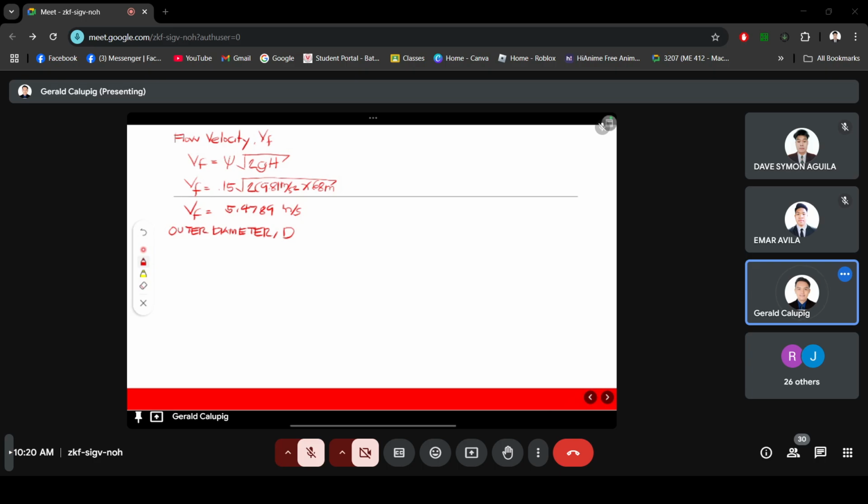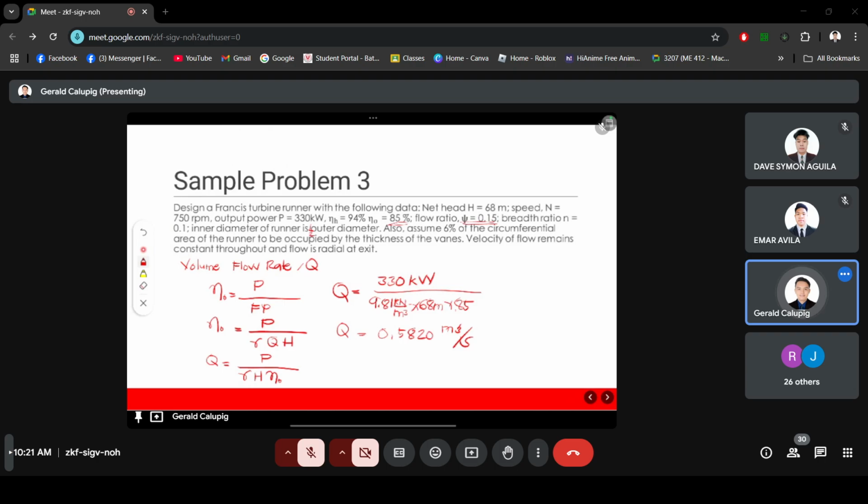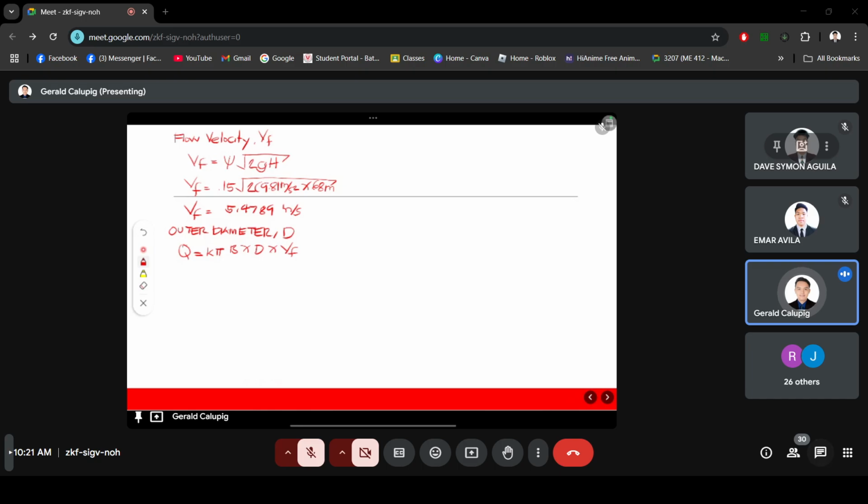We have Q is equal to K pi times b, or the width, times the diameter times Vf. Do we have values for the width? We don't have it yet, but we have the value for the breadth ratio, which is n. So the formula for n, anong formula natin ng n?